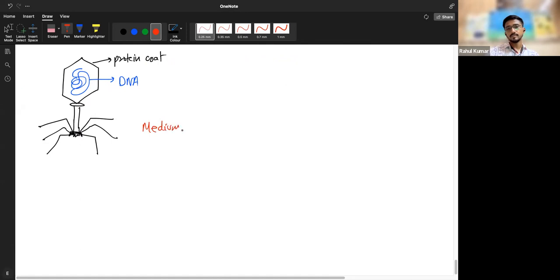So there were two mediums. Medium 1 contained radioactive sulfur.